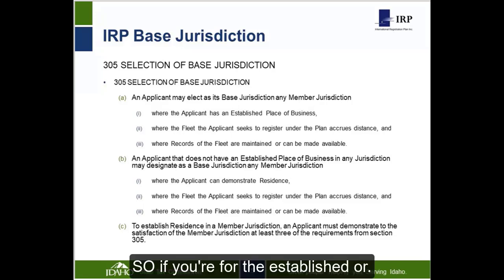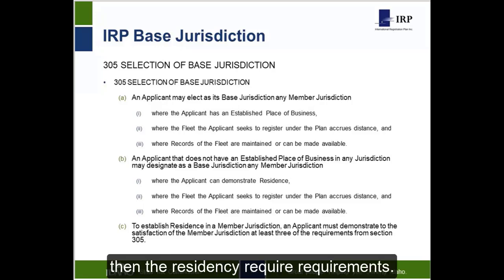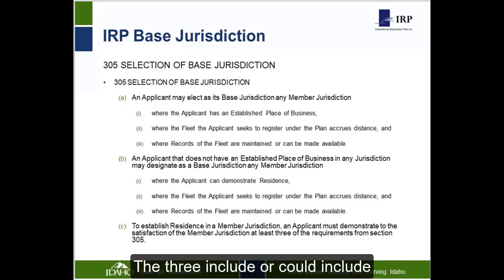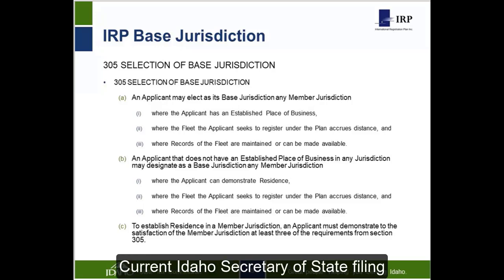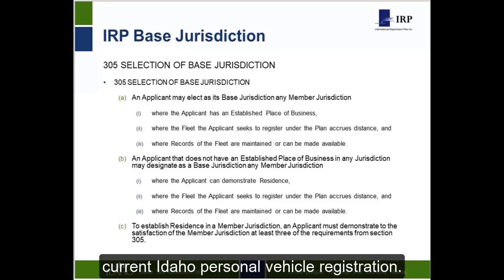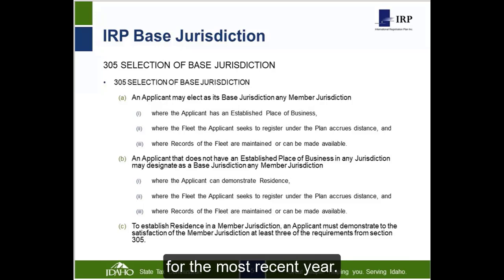If you do not have an established place of business, then the 3 residency requirements include or could include your current Idaho driver's license, current Idaho Secretary of State filing, current Idaho personal vehicle registration, federal or state tax filings for the most recent year, current real estate or property tax assessments, current utility bills showing the service address, current property rental, lease, or mortgage statements, or other information that the Transportation Department might request.